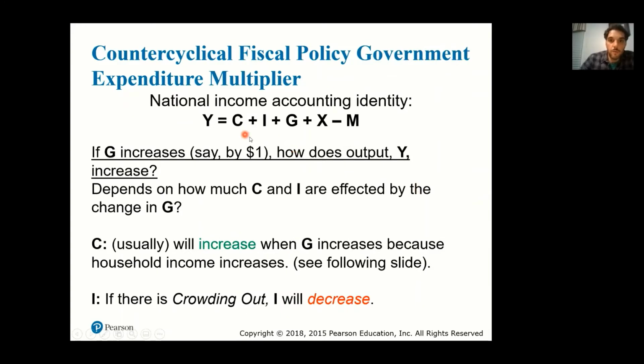And so if we use the National Income Accounting Identity, or our aggregate expenditure formula for calculating real GDP, well, government expenditure is going to increase by $1. And that's also going to affect consumption and investment.